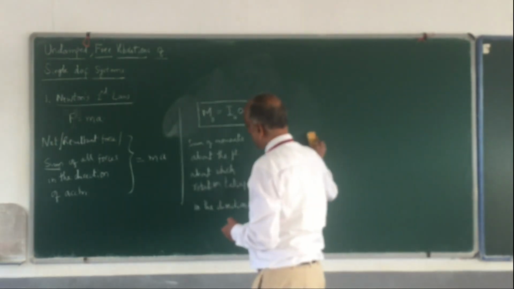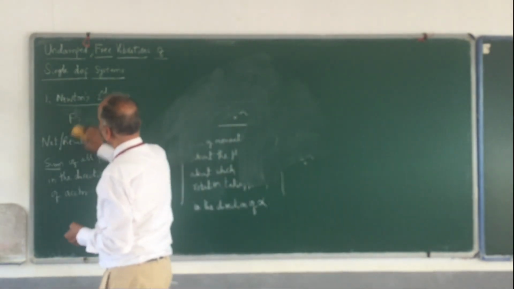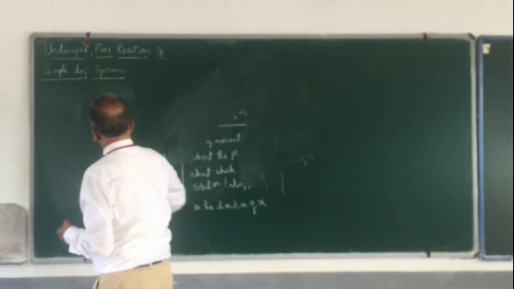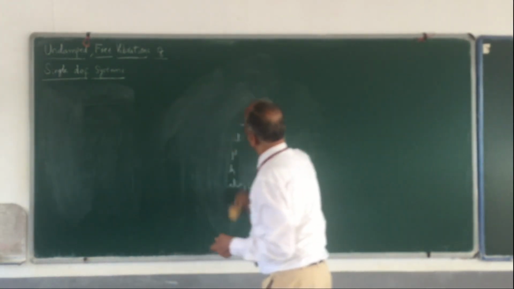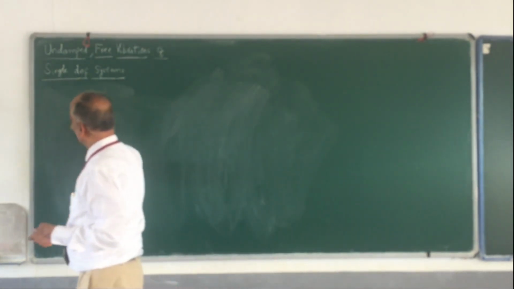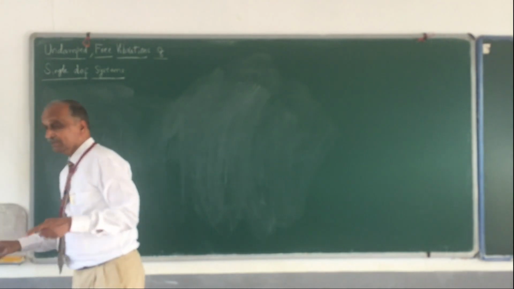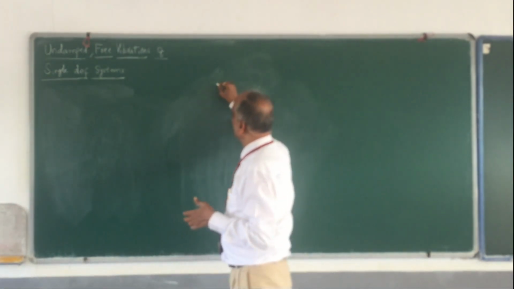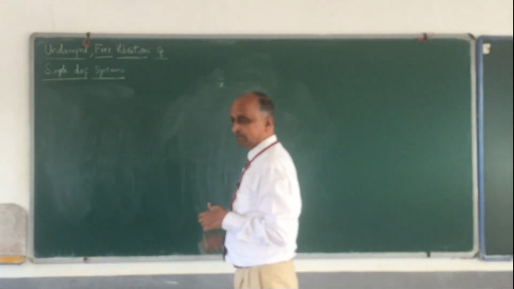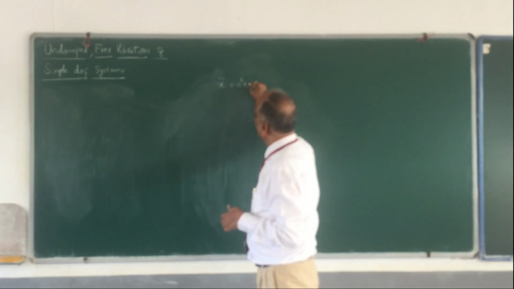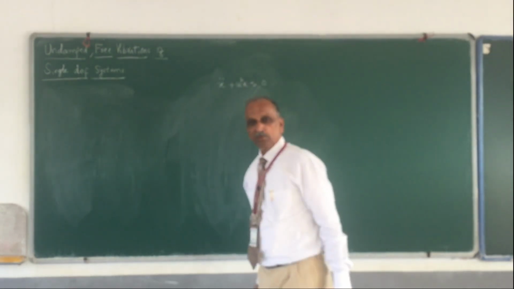Now let me use this and then find out the natural frequency of the system. Before I really go to that, I go back and revise simple harmonic motion. I hope you remember. We had an equation like this: x double dot plus omega square x equal to 0.